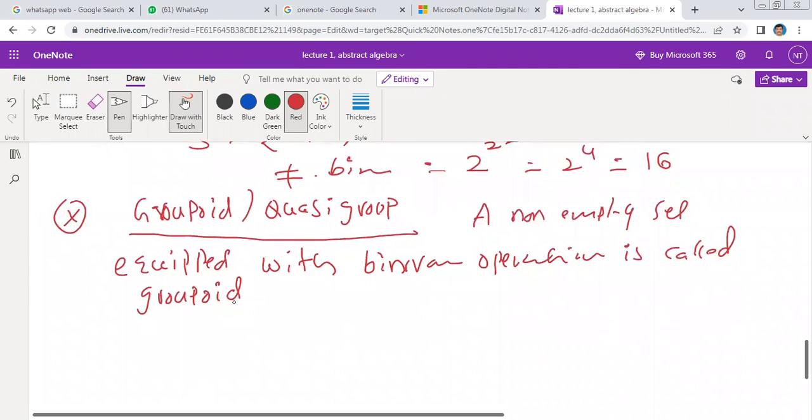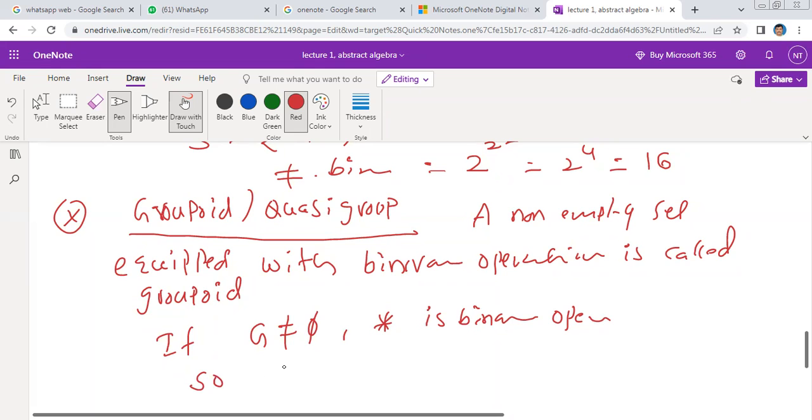What is the meaning of this? Suppose I'm taking one non-empty set G. Star is a binary operation. Star is a binary operation in the sense that it is by default satisfying the closure property.